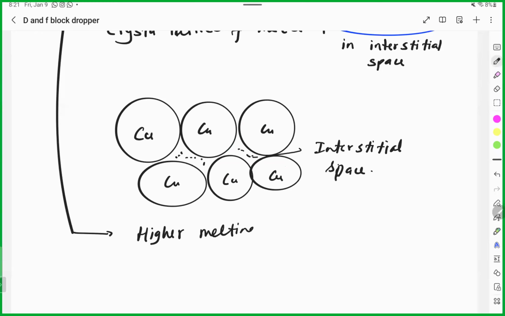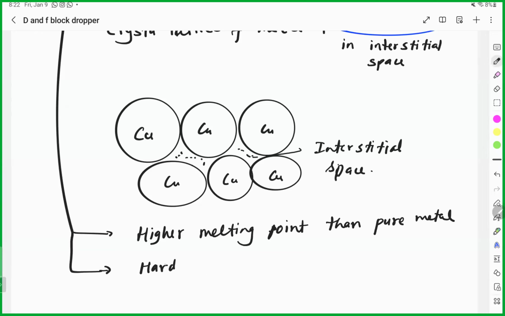One thing more: pure metals usually have a lower melting point, but this is way higher than that. So you can use it in tough situations. Along with the high melting point, they are very hard and tough, correct?